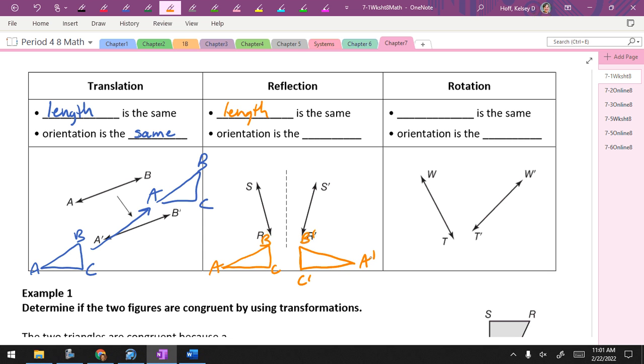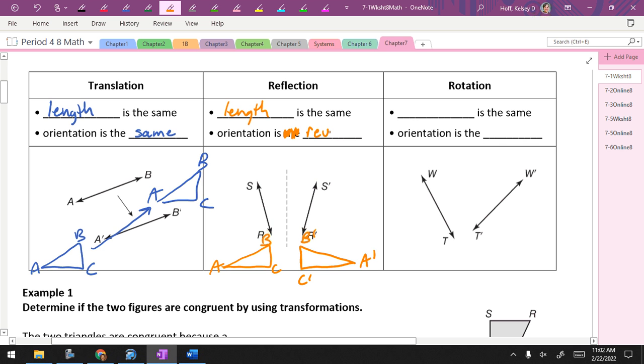C. Is it the same? No. So what they say here is orientation is reversed. So the order, the smooth order is the opposite now.